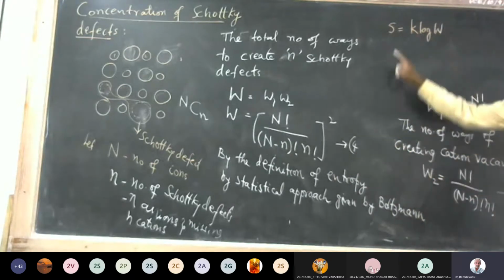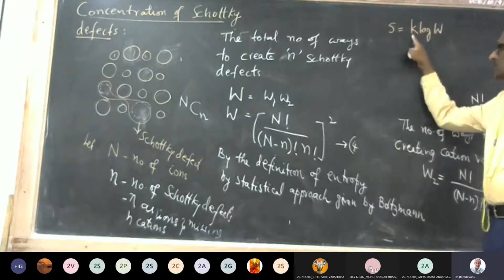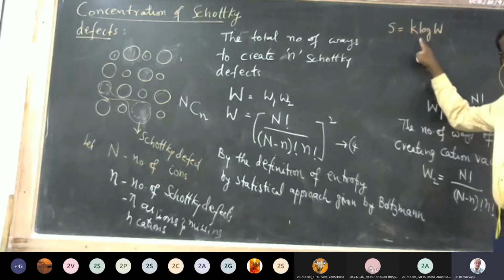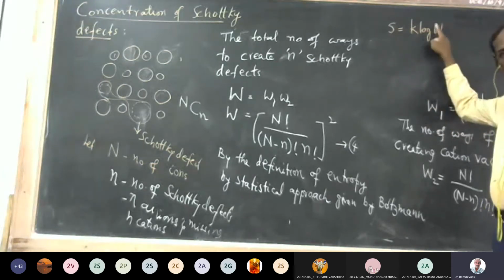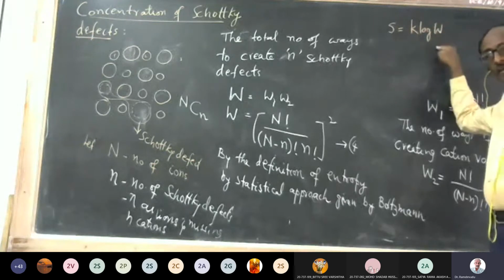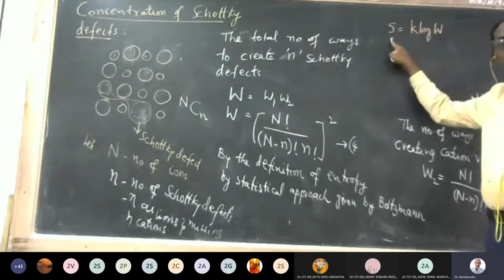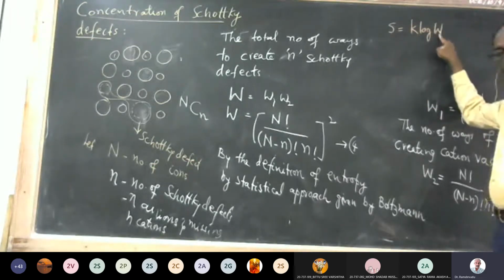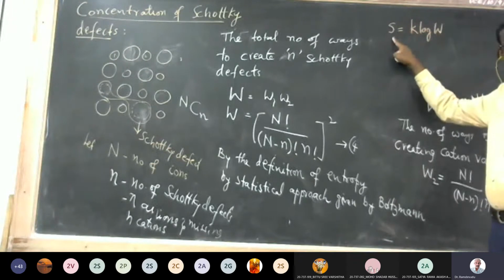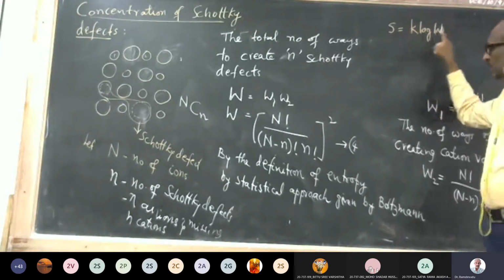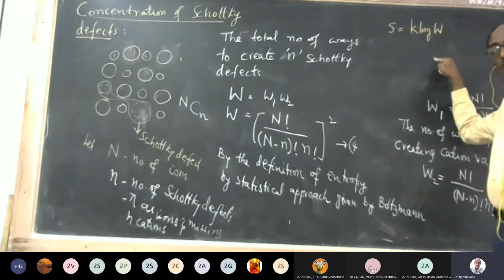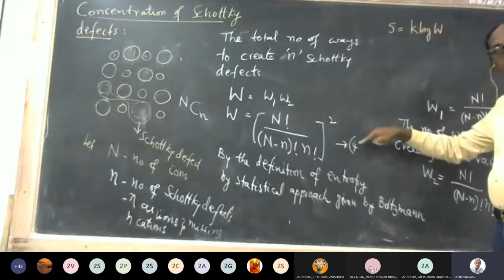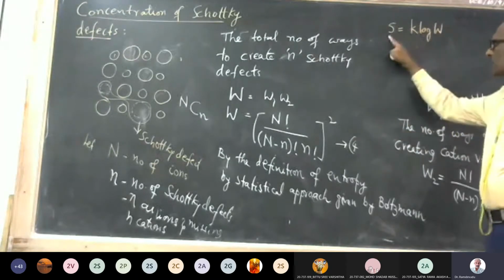You see that? S is the entropy, K is the Boltzmann constant, and W is the number of arrangements. If the arrangement is more perfect, S is less. If the arrangement is different, S will also change. Therefore, the regular arrangement or periodic or non-periodic arrangement of atoms within the crystalline solid decides the entropy.